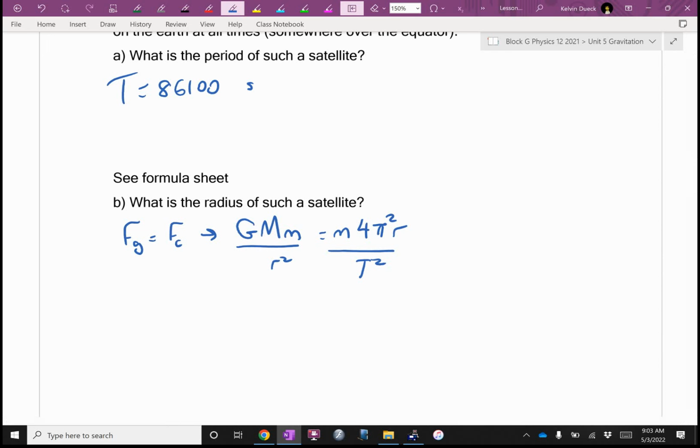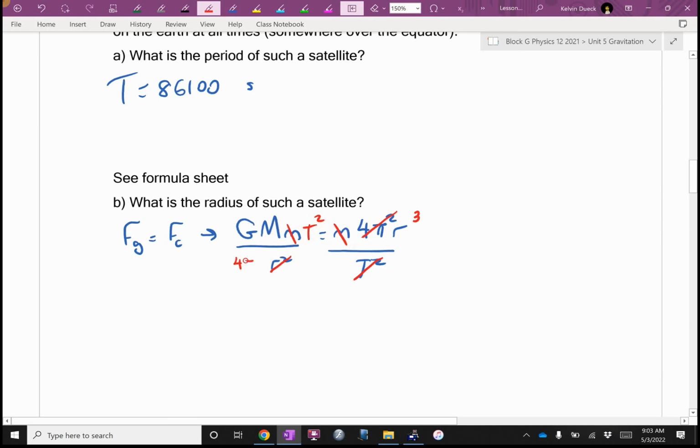Will the mass of the satellite change its orbital radius? Nope. Does an r cancel here? I got an r squared on the left and an r on the right. Does an r cancel? No, they're not on the same level. In fact, if stuff moves diagonally, that'll give me an r cubed there. That'll give me a T squared there.